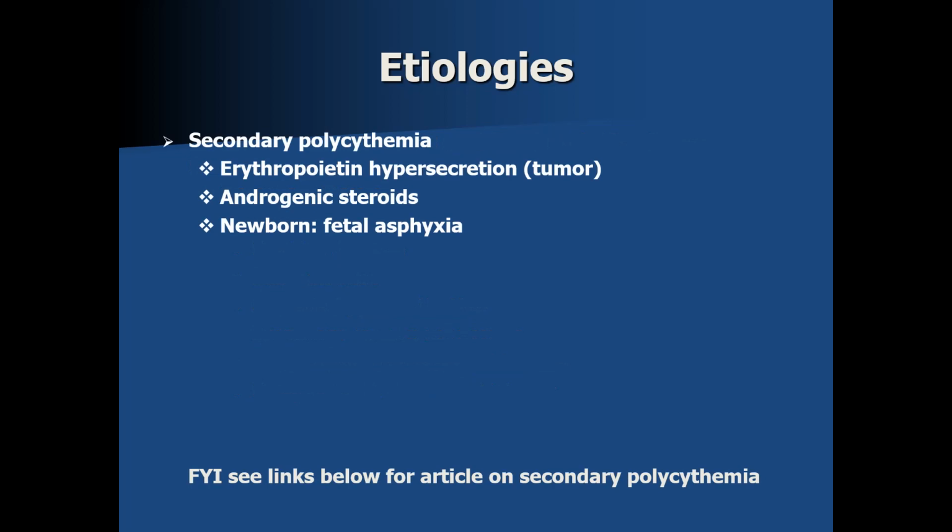Other causes of secondary polycythemia include the hypersecretion of erythropoietin, which could occur with a renal tumor, androgenic steroids, and, in newborns with polycythemia, it can be due to fetal asphyxia.